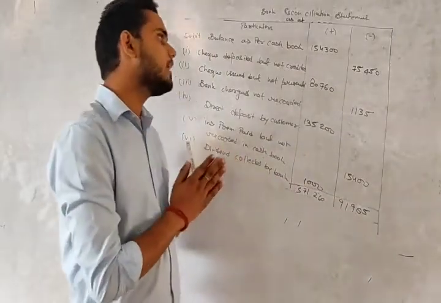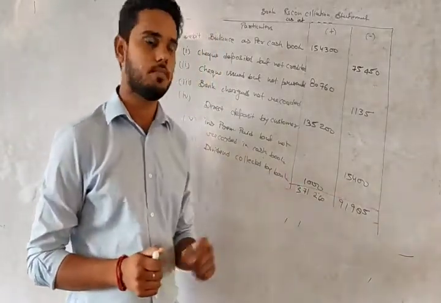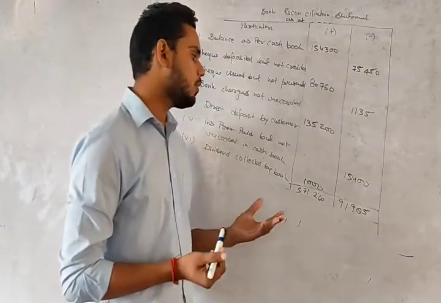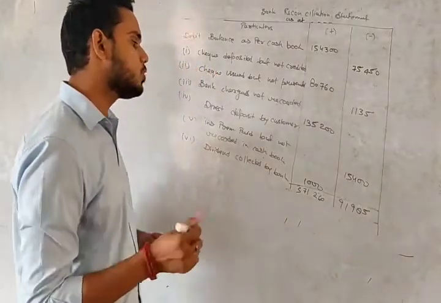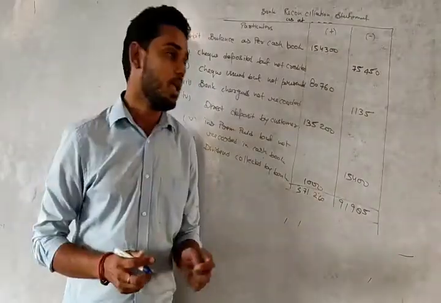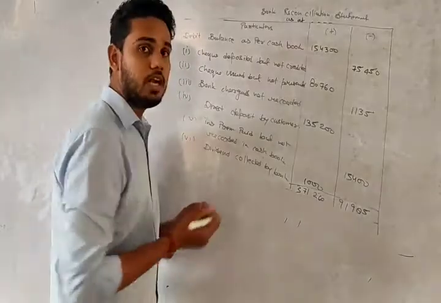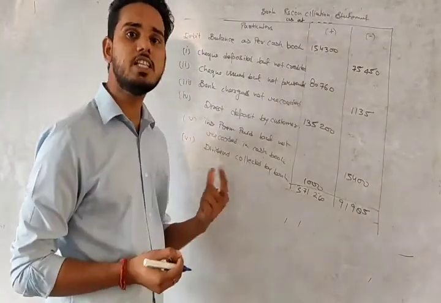Now after getting the total of both sides, you have to find the difference. If you make the calculation, you will get a difference of 2,79,275. Now where do we write the difference? You will write the difference on the side which is more.